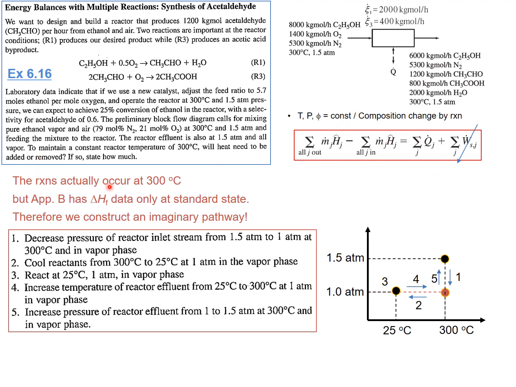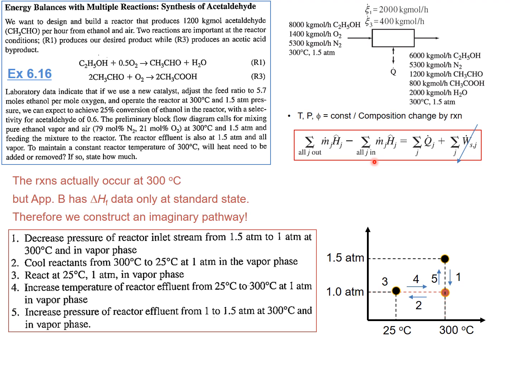The reactions actually occur at 300 Celsius degree over the whole process. So this problem looks very simple, but Appendix B has the formation data only at standard state. We should calculate the enthalpy term for output stream and input stream at 300 Celsius degree.